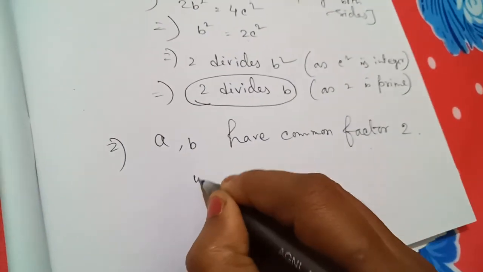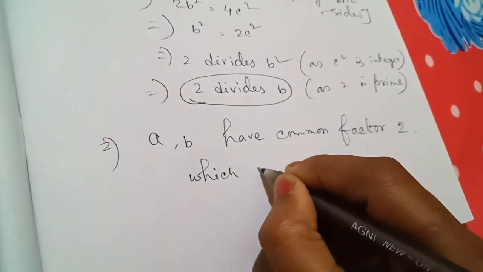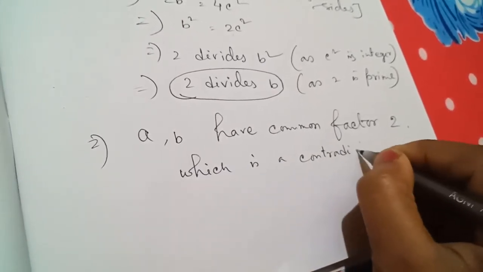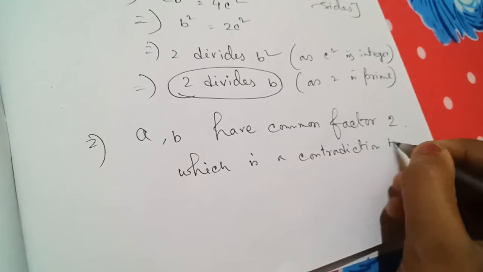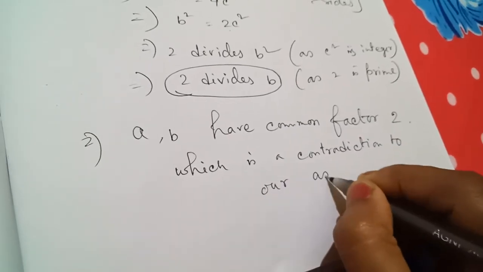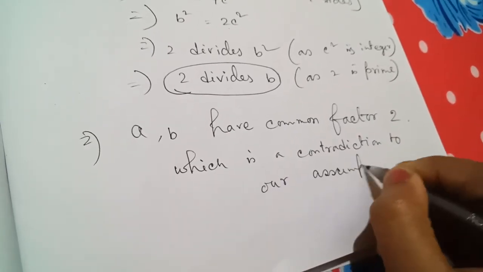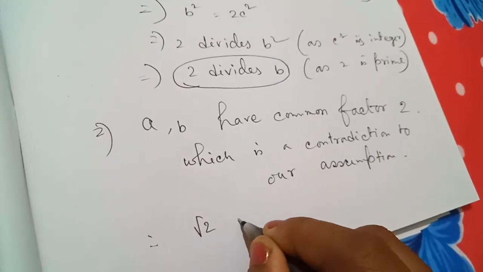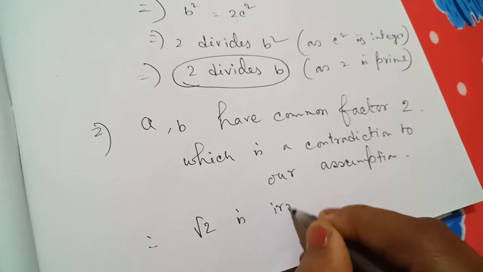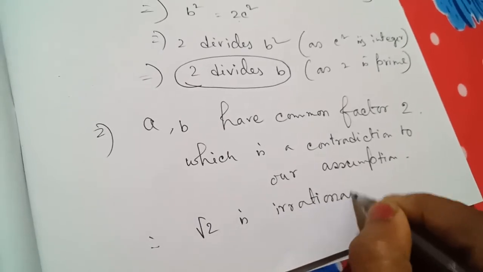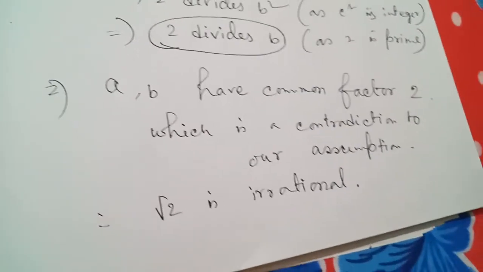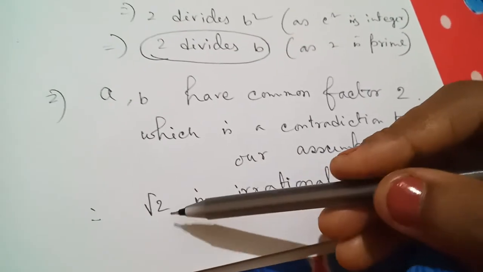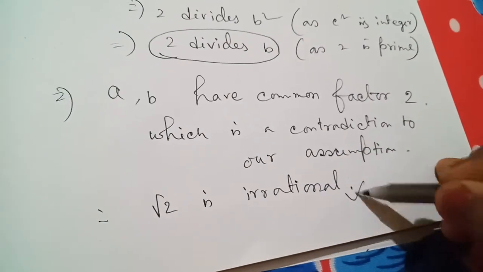So we will write which is a contradiction to our assumption. Therefore, root 2 is irrational. That means what we took as assumption, that is wrong. So root 2 is irrational.